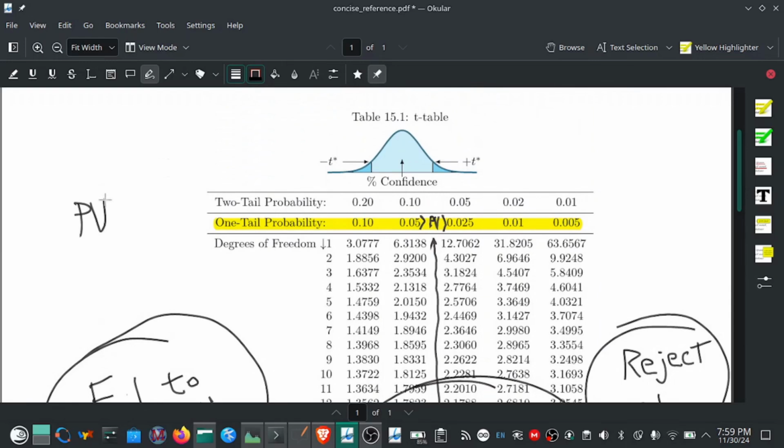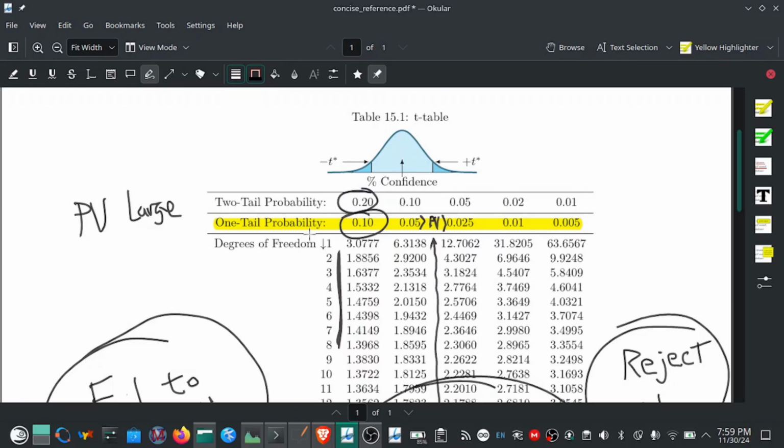P-values are very big over here. So any test statistic that is smaller than the values in this column is going to produce p-values that are either bigger than 20% or bigger than 10%, depending on if it's a one-tail or a two-tail probability.